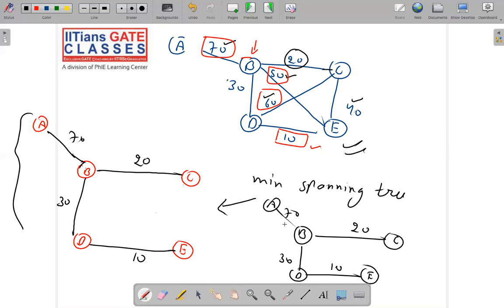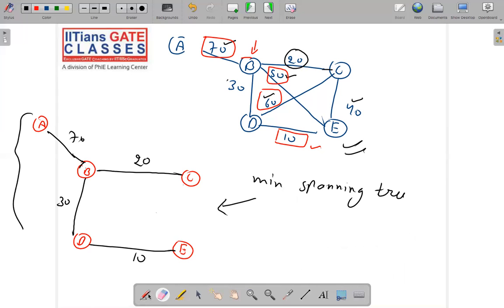At any stage or any pass of the algorithm, the tree remains connected. Initially, we explored only B. It's a single node, so it's connected.